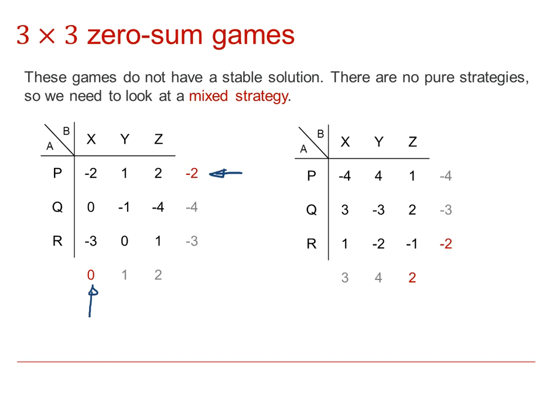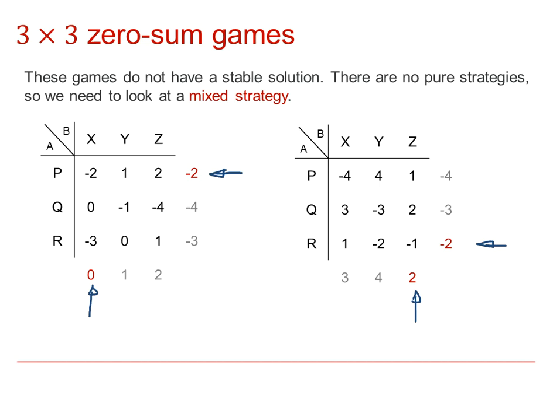So there's going to be some incentive for A or B to change from their play safe strategies. Likewise, in the one on the right, we've got the maxi min value -2 and the mini max value of 2. So again, some value in them changing from their play safe strategies.